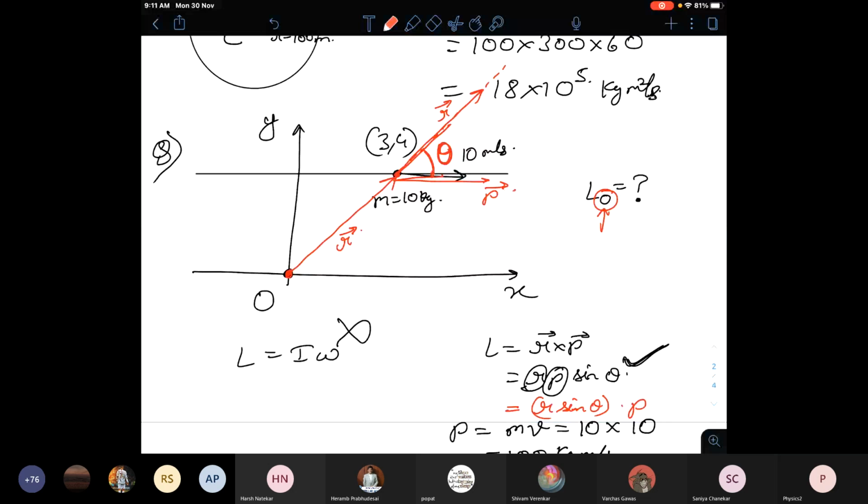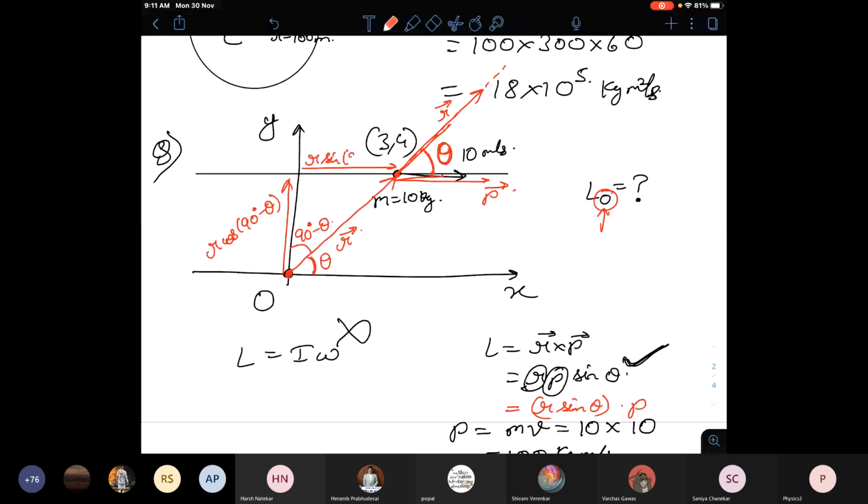If this angle is theta, this angle will be 90 minus theta. Now I can create two components of R. One component is R cos 90 minus theta, and the other component is R sin 90 minus theta.